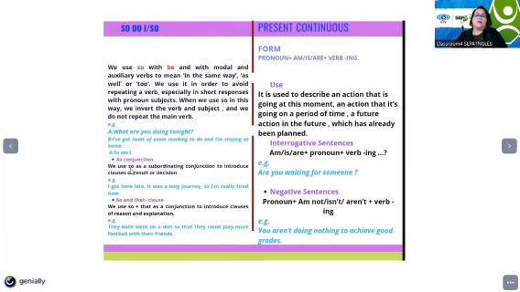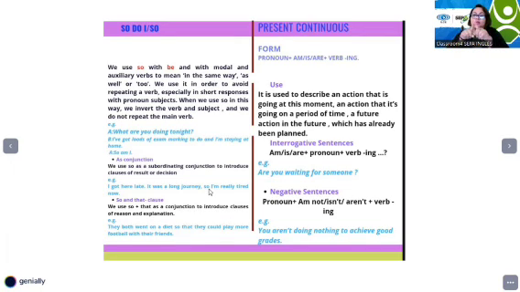This is a conjunction. We use so as a subordinating conjunction to introduce clauses of result or decision. Example, I got here late, it was a long journey, so I'm really tired now. It's a conjunction. So the first sentence, a comma, and then so, because it's a conjunction.